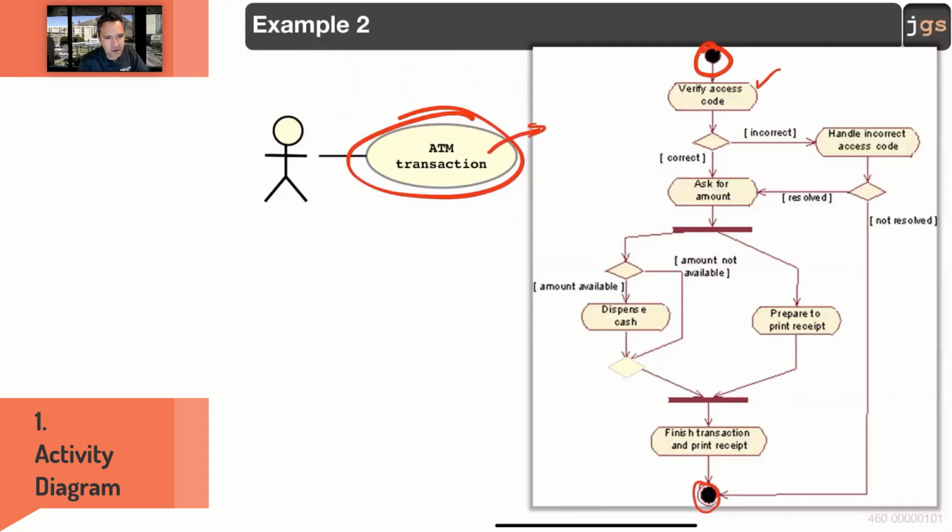What should I do? Well, check for the access code, login, password, PIN, details. Correct or not? A condition, a diamond. Correct. Ask me for the amount. Incorrect. Something is going to happen with handling the error.